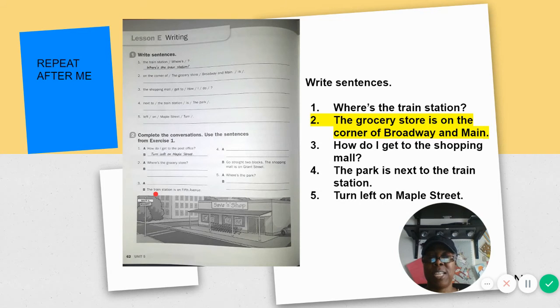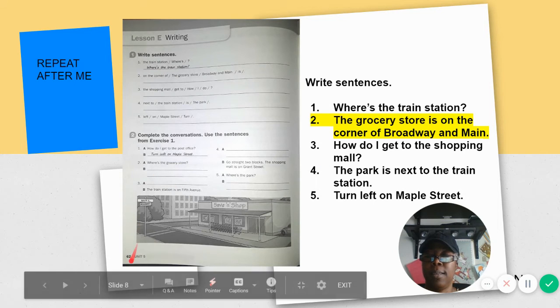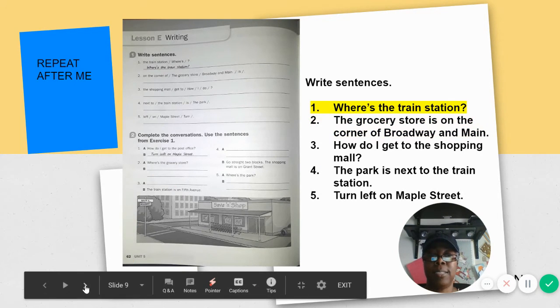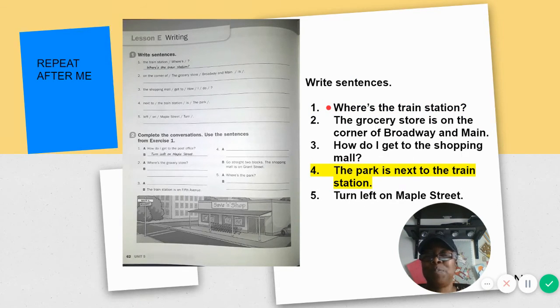The train station is on 5th Avenue. That question would become, where's the train station? Yay! Where's the train station? The train station is on 5th Avenue.